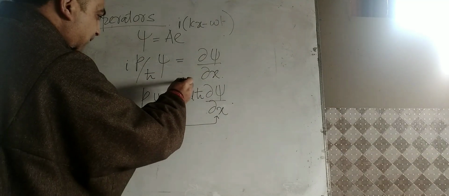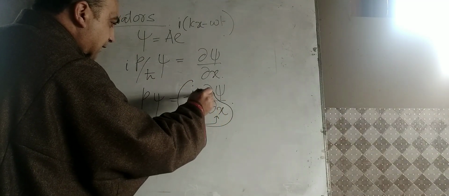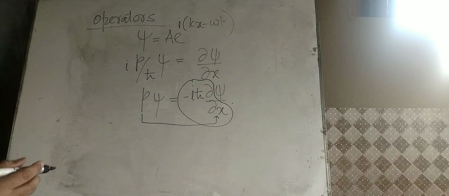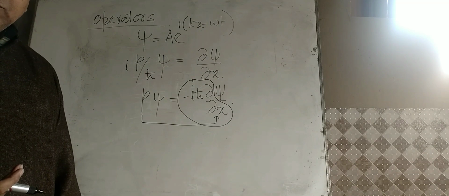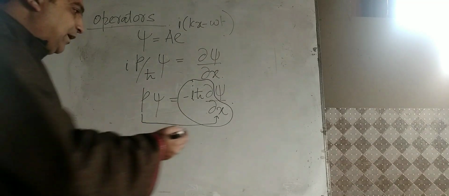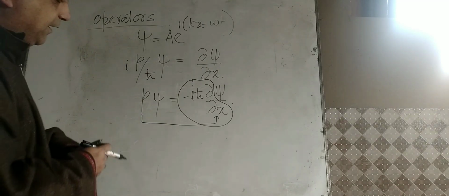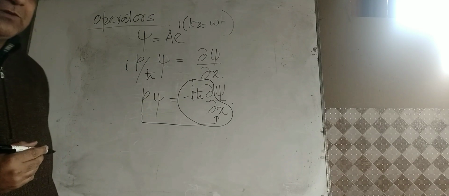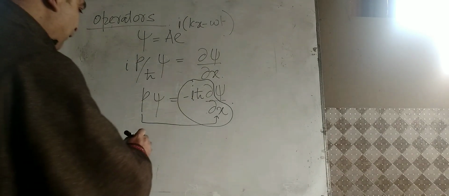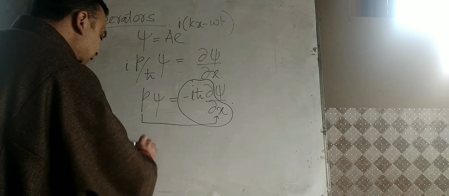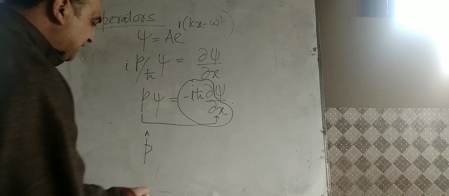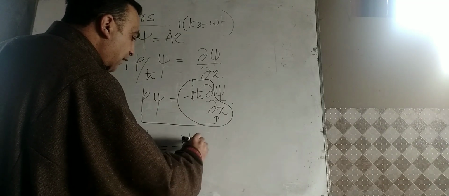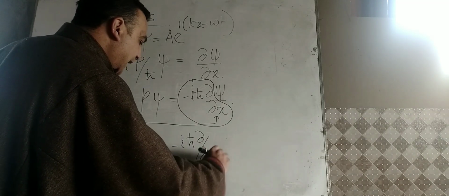Now, this thing can be assigned as an operator. Which operator? Because it has a clear relation with the momentum, it can be represented by an operator known as the momentum operator, and for that we use the symbol p caret, or you can say p cap. This p caret is minus i h bar del by del x.